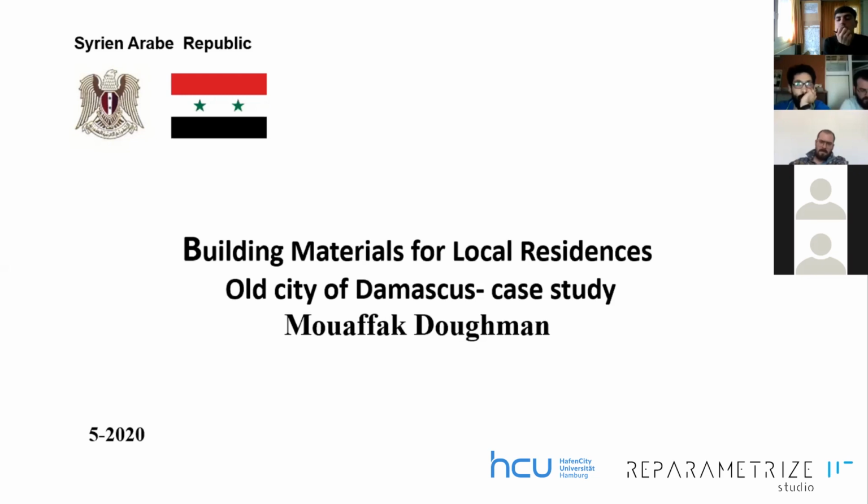Okay. And can we use this material to make prefabricated facades or something else? I think we can, but to use mud in the facade, it needs the specification to be developed.